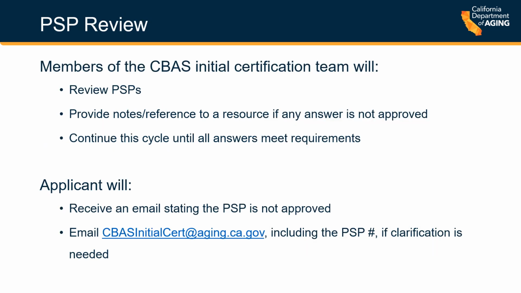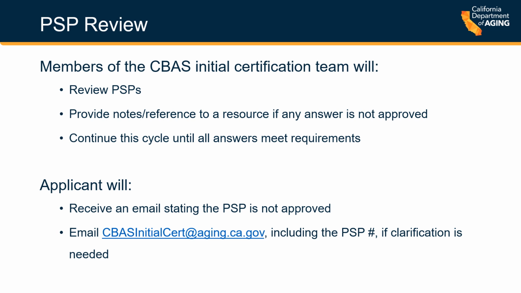You may be wondering what the next steps are after submitting your PSP. Once you have completed all required questions, the CBAS Initial Certification Team member will review the PSP, provide technical assistance, notes, and references to resources. This cycle will continue until all answers meet program requirements.